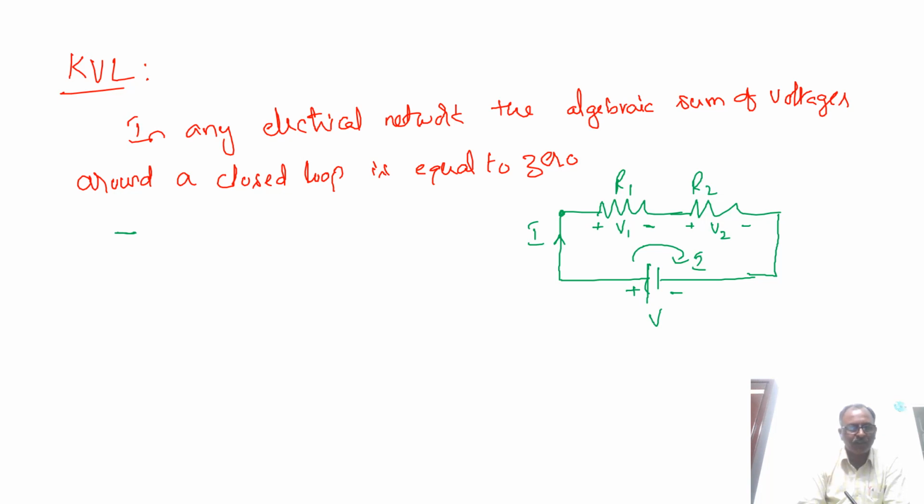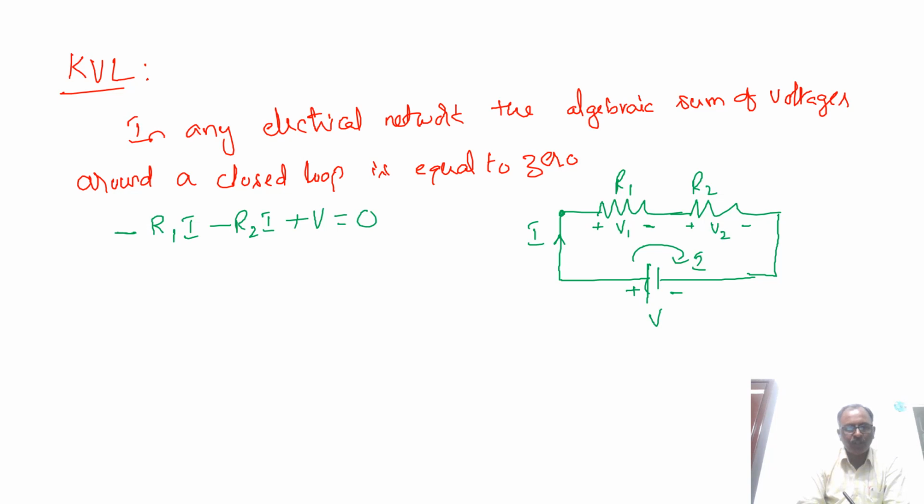Here the voltage drop appearing in resistance R1 is R1 into I, and the next drop is R2 into I. Next, when you come across here, we are going to have a voltage rise, so it is plus V. As it is a rise, we are taking it as positive, equal to 0.